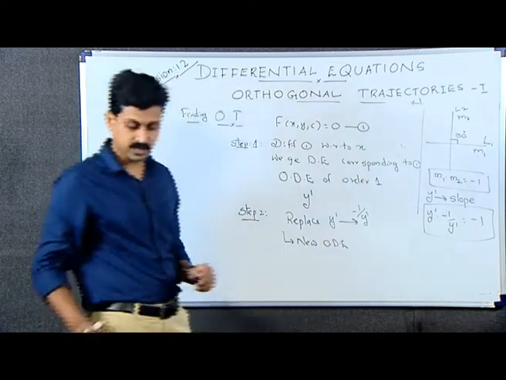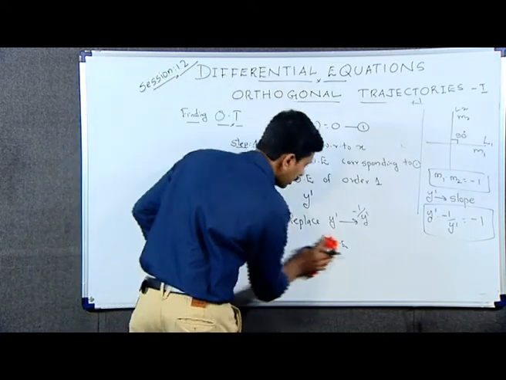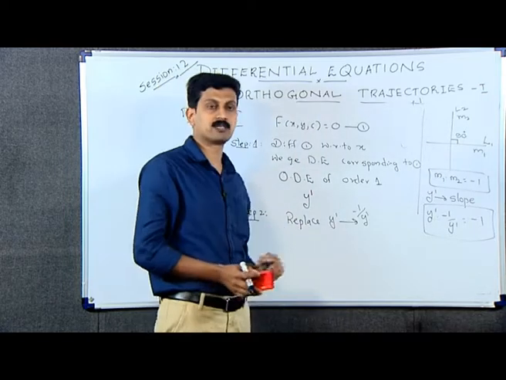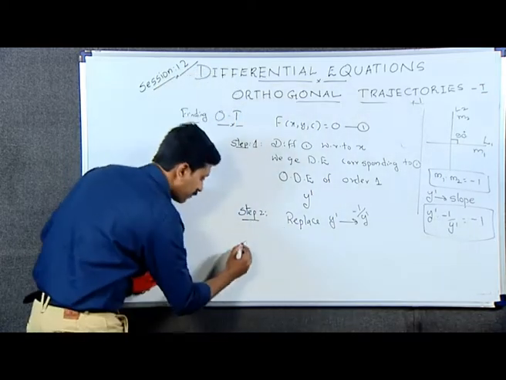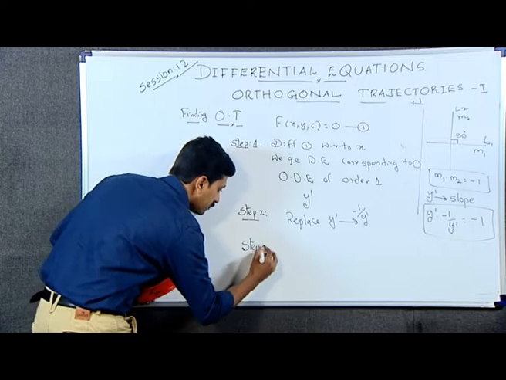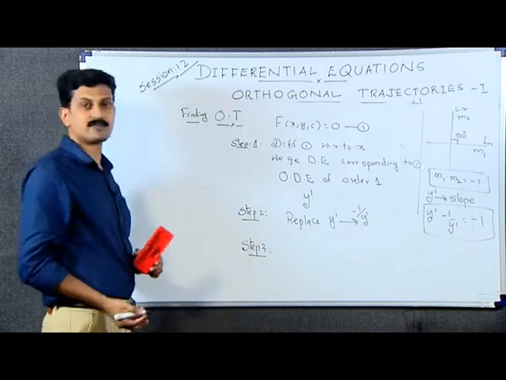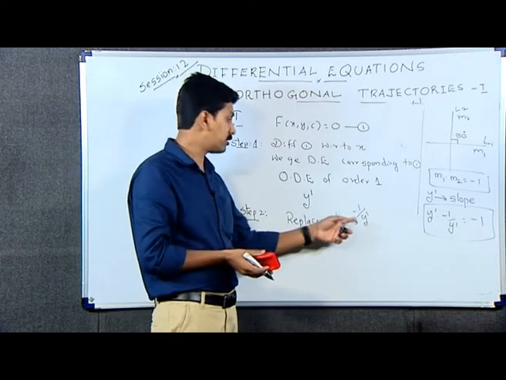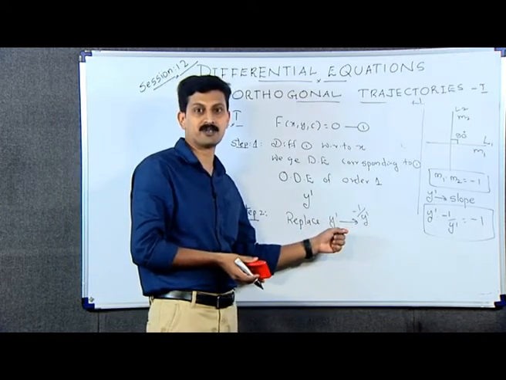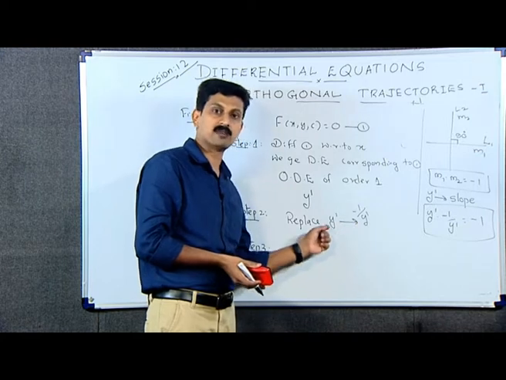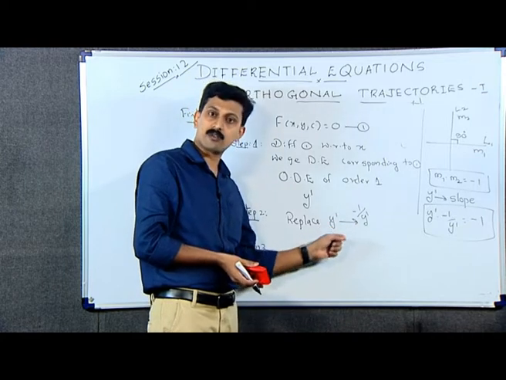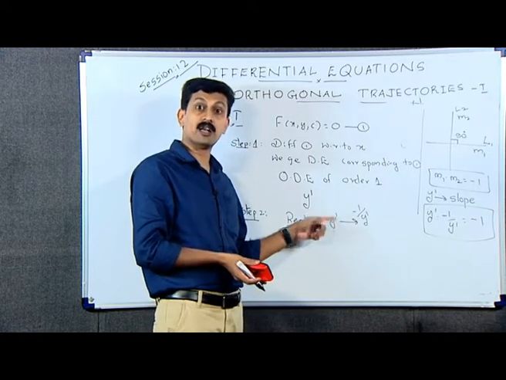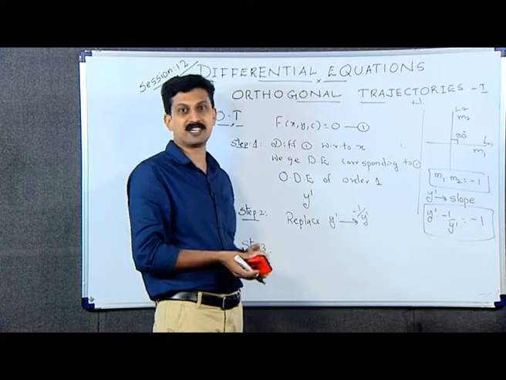In the last step we just arrange it. In most cases we may be able to make it variable separable, or we can solve the differential equation by any of the methods we discussed earlier.